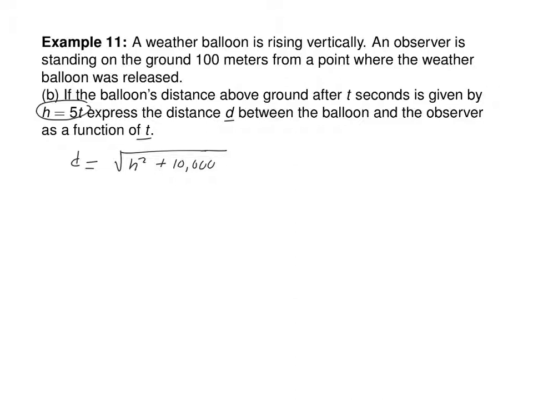And we want to express it as a function of t instead. So can't we plug in what h is equal to in terms of t? So that will be the square root of quantity 5t, the whole thing has to get squared. What happens to the whole thing when you square it? What does it become?